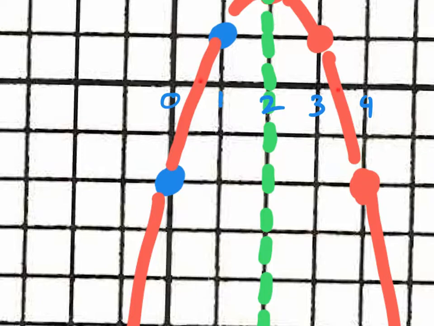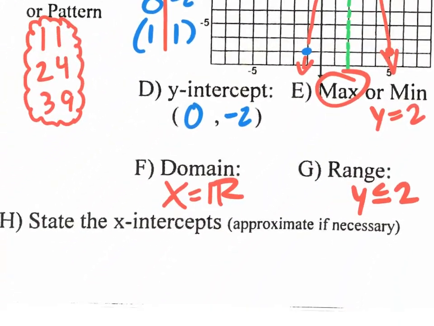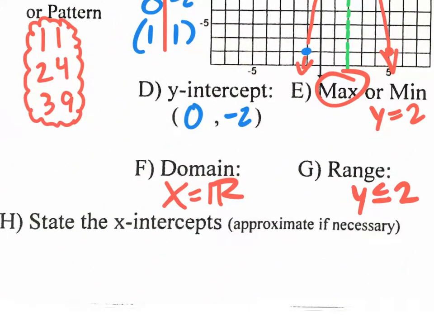At these two locations. What are those two locations? Since they're not nice points, we're just going to give a decimal approximation. About 0.5 and about 3.5, right? Or you could say like 0.6 and 3.4, whatever you want. I'm good with 0.5s. What we do need to be careful with, if you're approximating, you must use the squiggly equal sign.